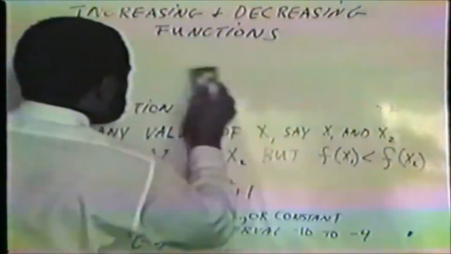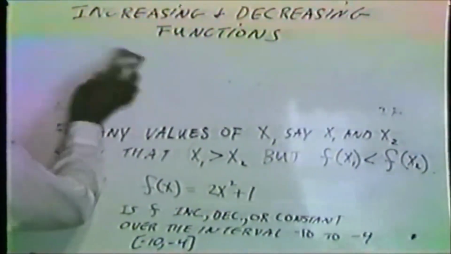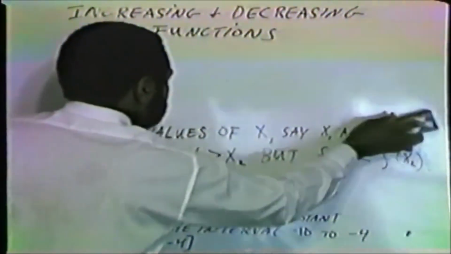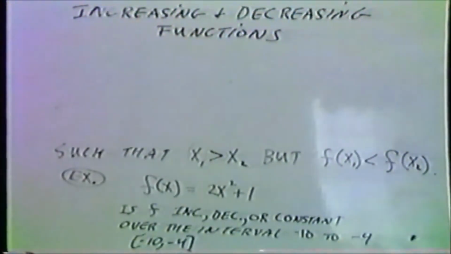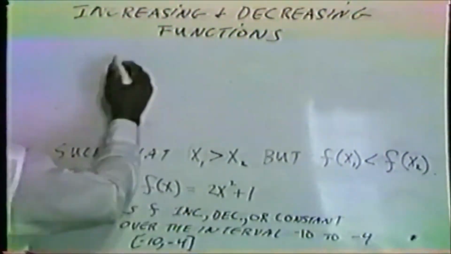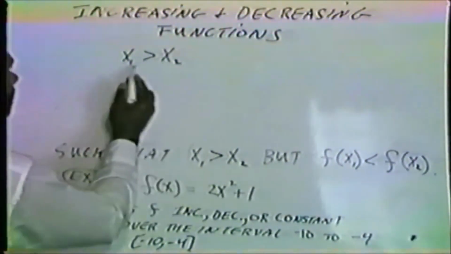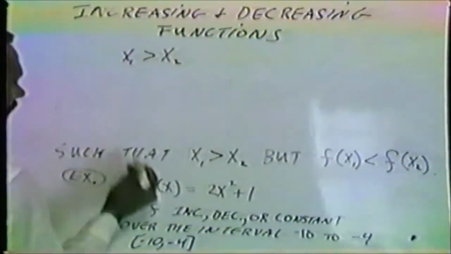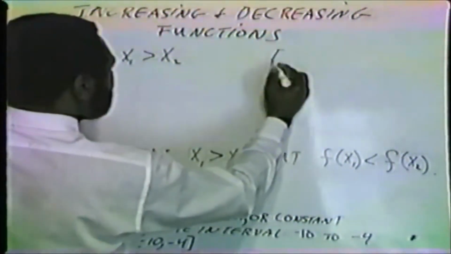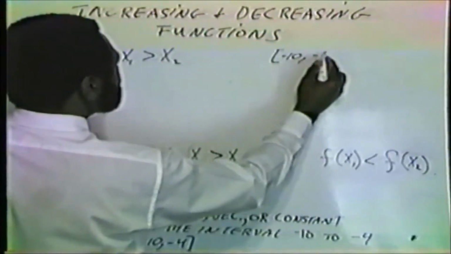So first of all, we have to set up the relationship between our two values of x of 1 and x of 2. Now we said that when we start out, x of 1 would be greater than x of 2. The interval we're talking about is negative 10 to negative 4.